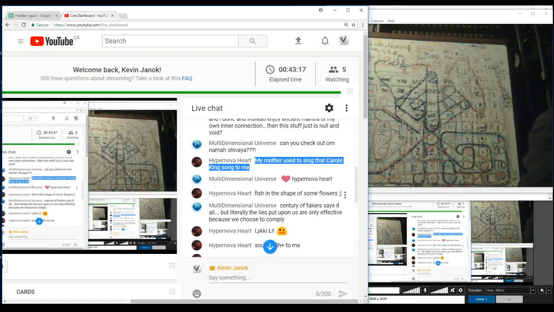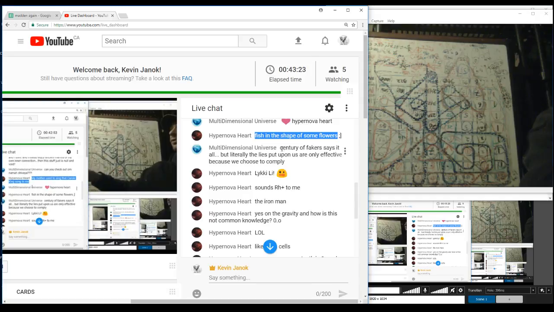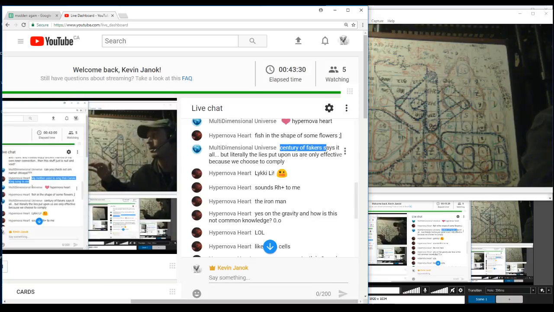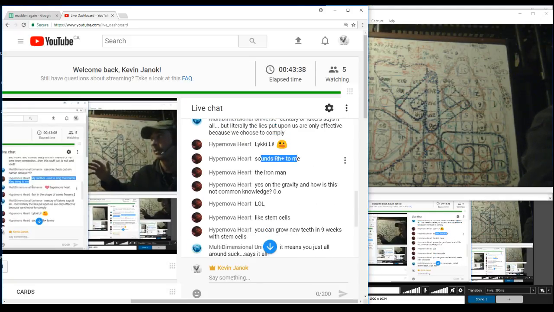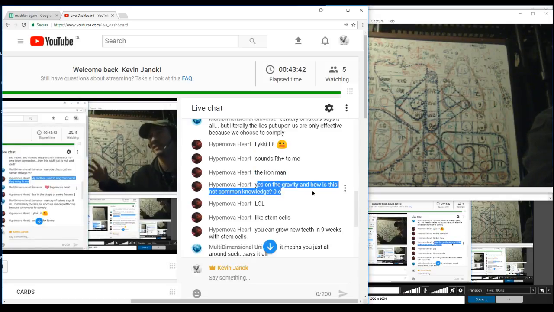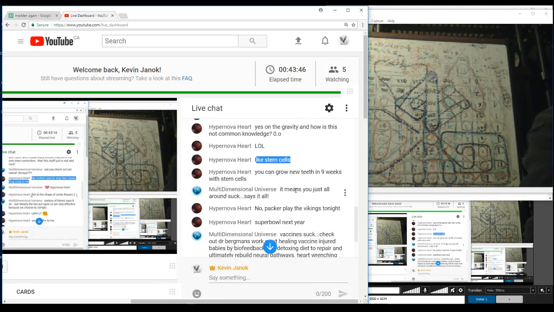Fish in the shape of some flowers. I don't know what that means. Fish. There's fish everywhere. Yeah, Century of Fakers says it all. Literally, the lies put upon us are only effective because we choose to comply. Arch positive. Licky Lee. Iron Man. Yes, on the gravity on how it is not common knowledge. Cool.